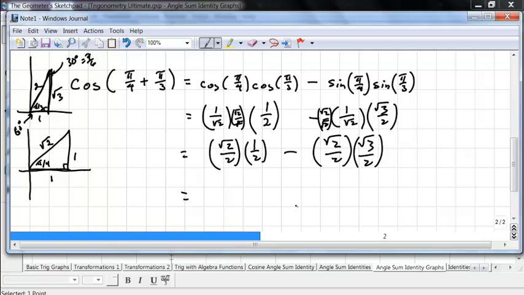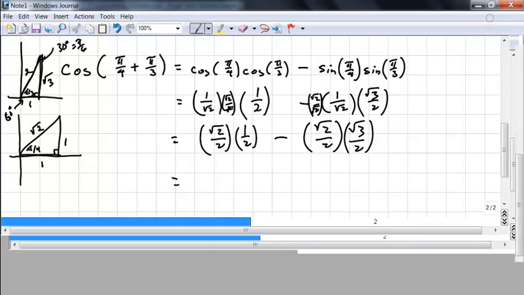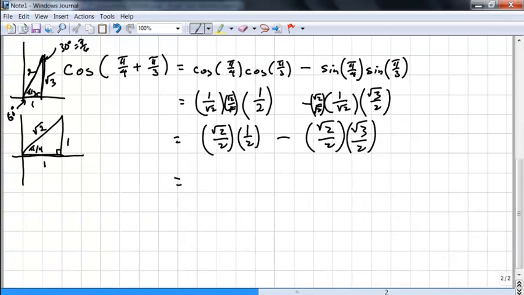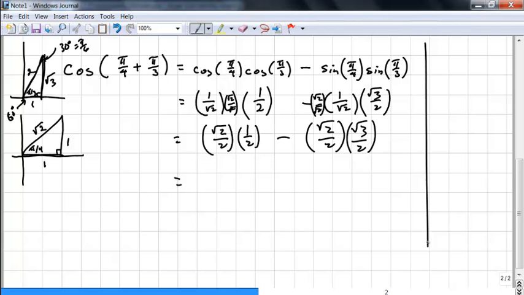Okay, now let's go over some basic arithmetic here. If you have A over B times C over D, that is A times C over B times D. It's one of the basic things of how we multiply fractions.